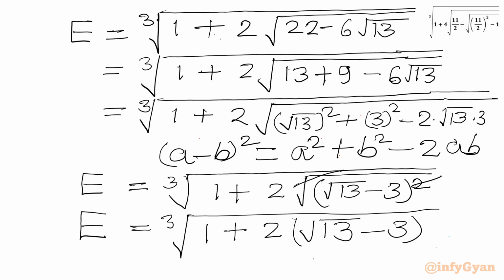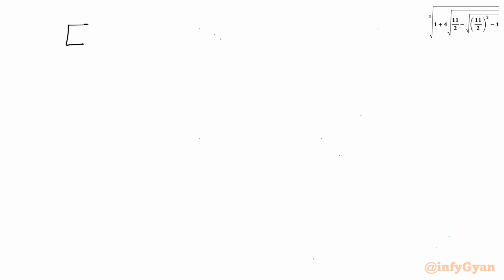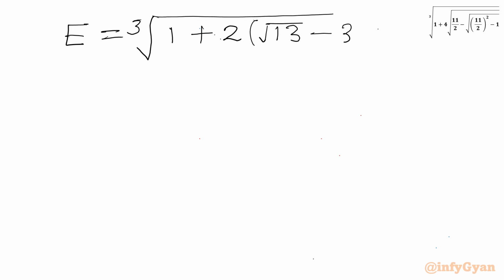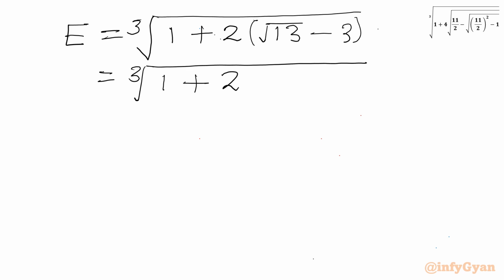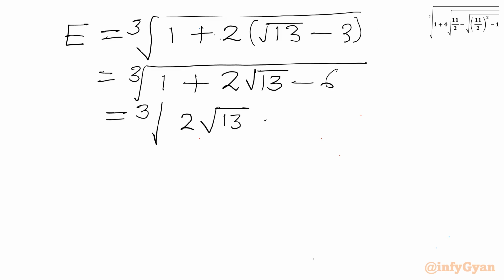Now I will expand, simplify. So I can write here 1 plus 2 square root 13 minus 6. So this will give us cube root of 2 root 13 and 1 minus 6 is minus 5.